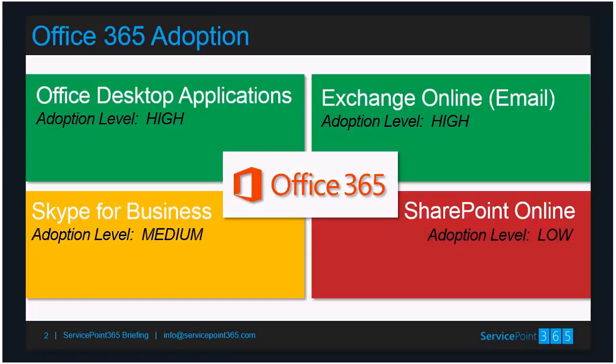A couple of these are adopted readily and go in very easily. And then some others are a little bit more of a challenge. And so what we're going to focus on today is solving the issue of the SharePoint Online quadrant being red, meaning that adoption ends up being a lot lower than what Microsoft and we would hope for businesses.